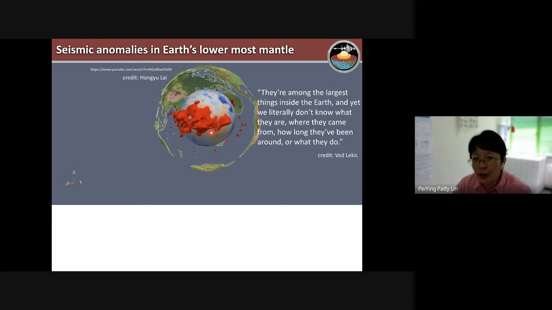So there's a giant structure at the core-mantle boundary, and we observe it from seismology, but we really don't know what it is and how long it has been there. So lots of researchers and scientists are looking for hypotheses or ideas about what they are and how they form.